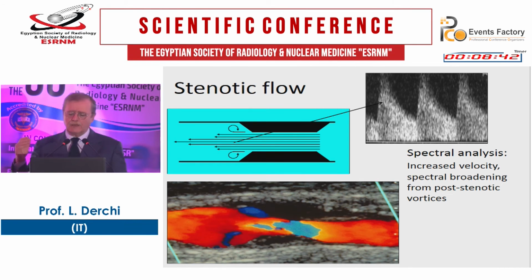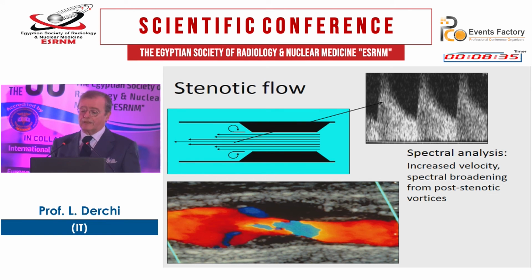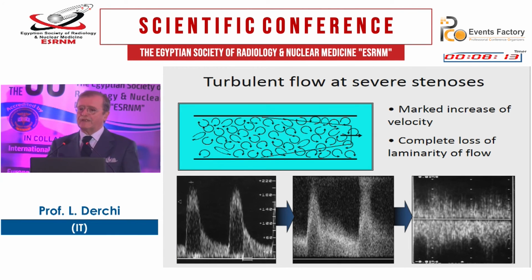Second, increased velocity and marked volumes when there is stenotic flow. The increased velocity is because the physiology tries to maintain blood flow quantity across the stenoses, and there will be vortices with spectral broadening after the stenosis itself. And then, when there is a very tight vessel, there will be complete loss of laminar flow.